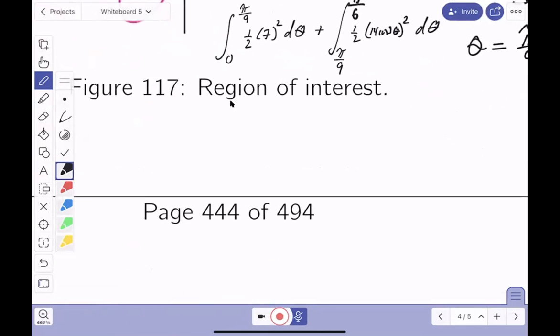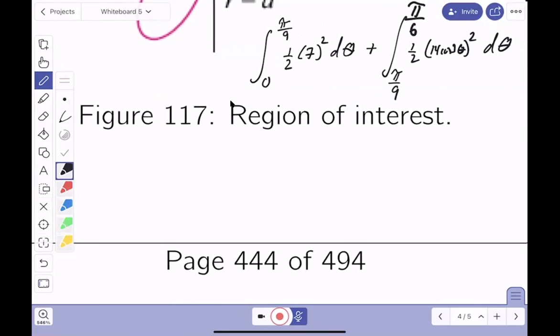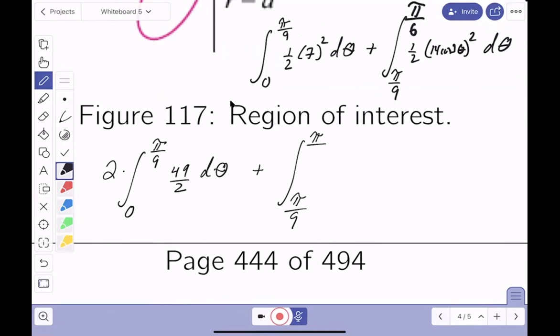All right, let's see if we can do that, one step at a time. 49 halves d theta. I'm going to double it, and this is the area of interest now. Plus, I got to double this too. So it's going to be from pi over 9 to pi over 6.